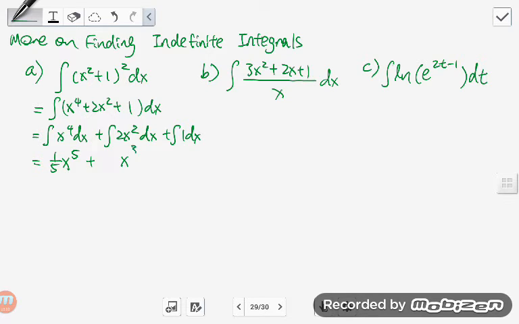That will be x cubed and 2 over 3, right? Because when I differentiate x cubed, I'm going to have a 3. The 3 goes to the front, and with the 2 over 3, I'll get the 2, right? Finally, what do I differentiate to get a 1? That will be just x. And don't forget the plus c.